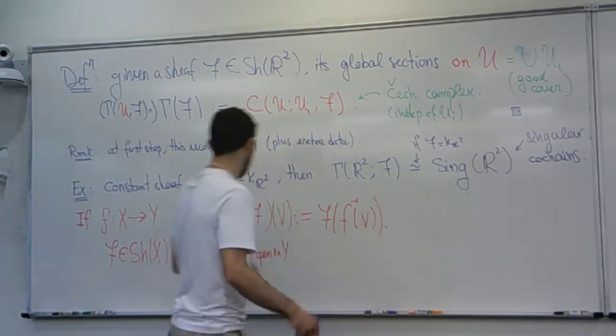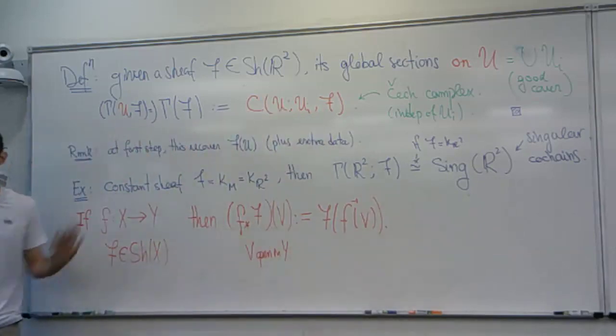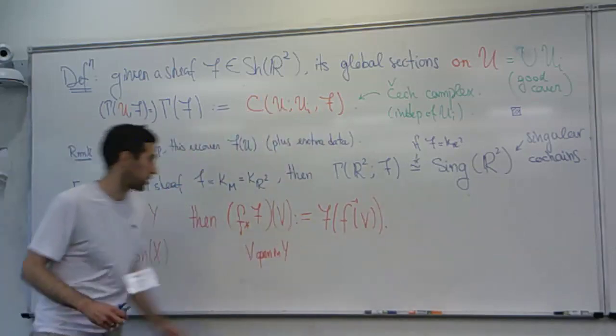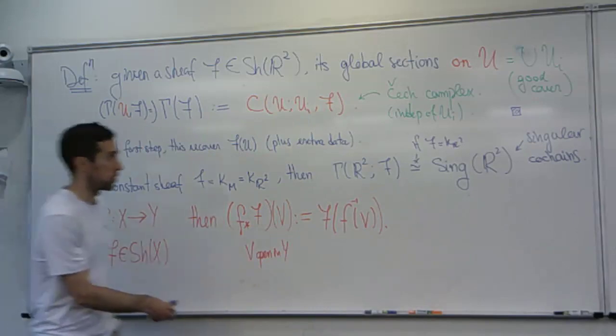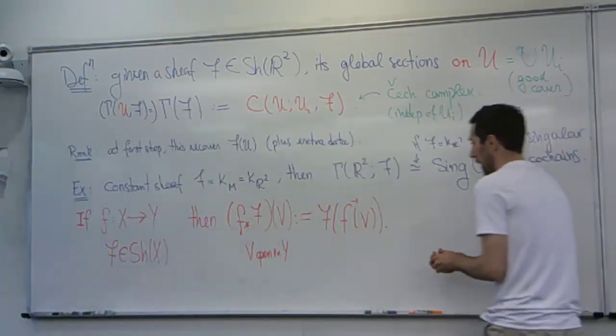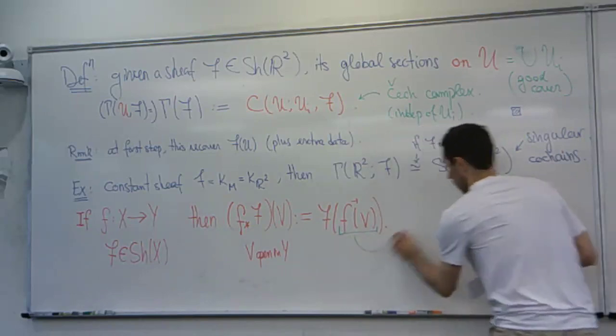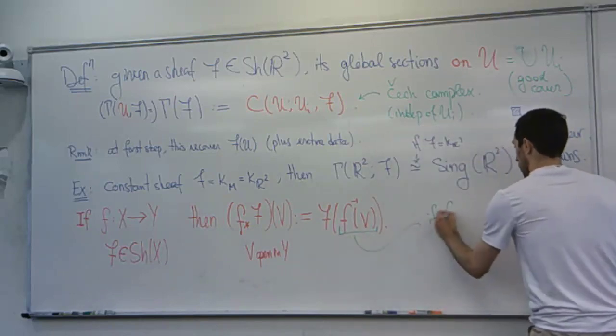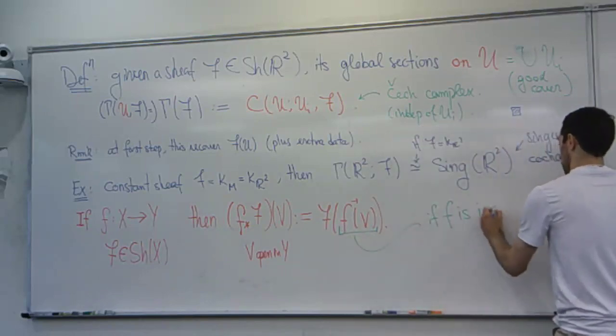And again, for experts, really take everything derived; otherwise, just take sections. So when you apply this construction to an inclusion, what is this guy? For an inclusion, what is the preimage?